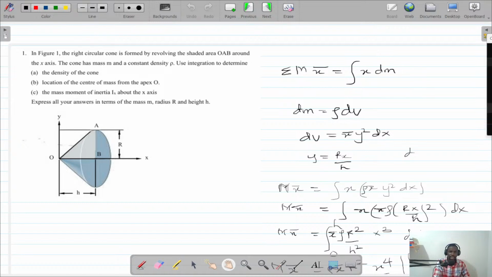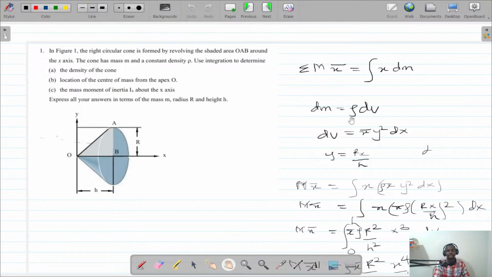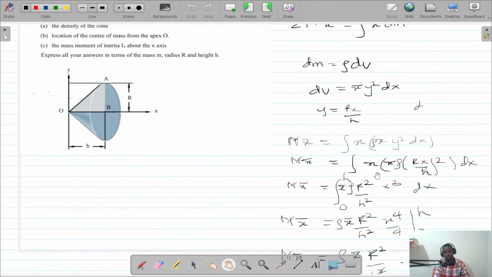Yes, that is the question I'm answering. To derive these equations, you have to understand the basic concept behind them, like the elemental formulas before I integrated. If you understand those, it will be very easy for you.